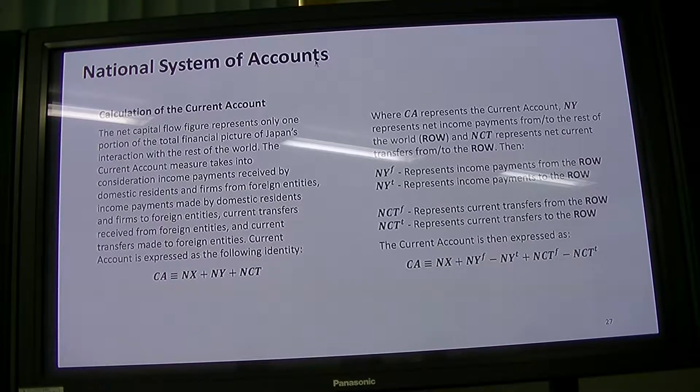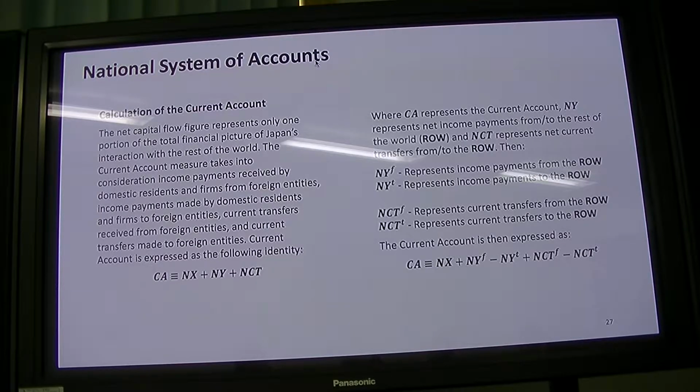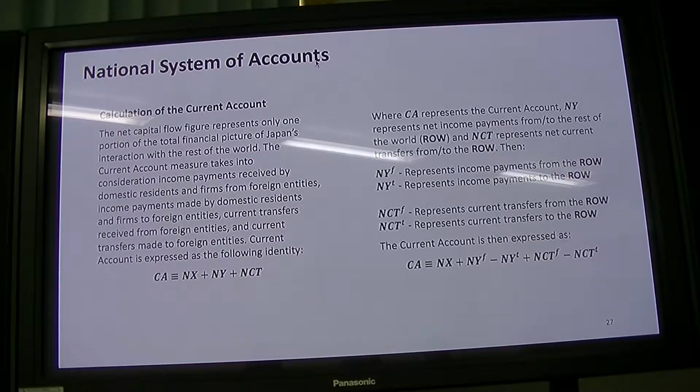So you have a foreign entity, some business or activity located outside of Japan.